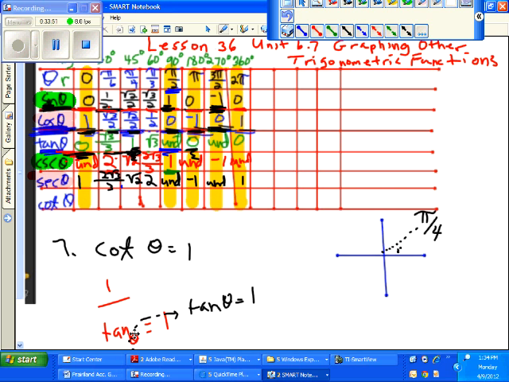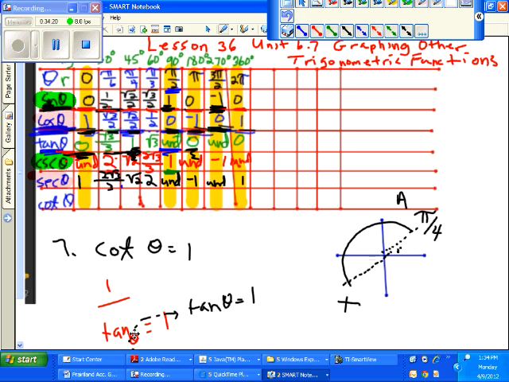pi over 4. And remember, they're all positive here, right? Where's tangent positive again? Quadrant 3. And so when we think about a reference angle of 45, or pi over 4, when's it going to happen again? Tangent is going to turn into a positive 1 every halfway around instead of all the way around, you see?